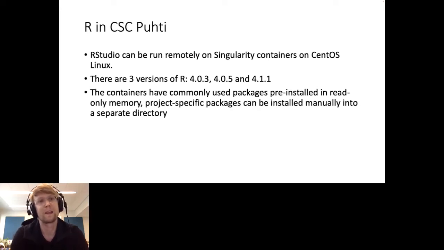The containers contain commonly used R packages pre-installed in read-only memory, but in project-specific instances, user packages can be installed manually into a separate directory, which I have done in this case by installing, of course, the hetu package, which I have been using.